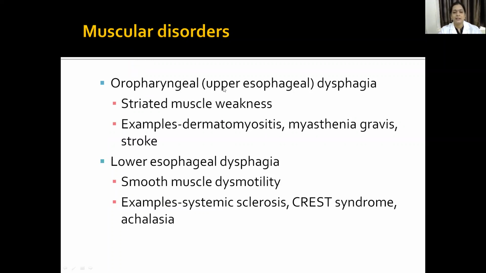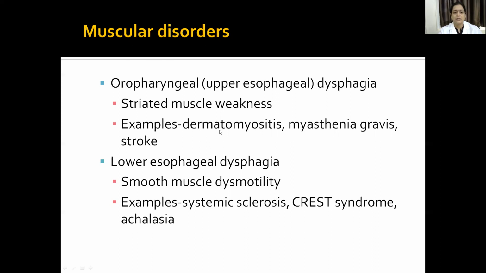So the muscular disorders can be upper esophageal dysphagia and lower esophageal dysphagia. I've already told you in the histology, the upper 2/3 of the esophagus has striated muscle, with the stratified squamous epithelium, and the lower 1/3 usually has smooth muscle.